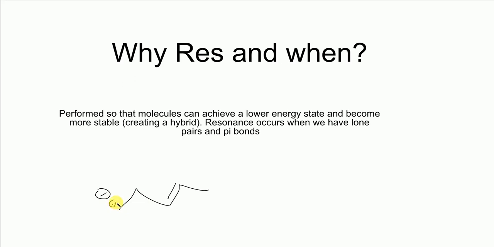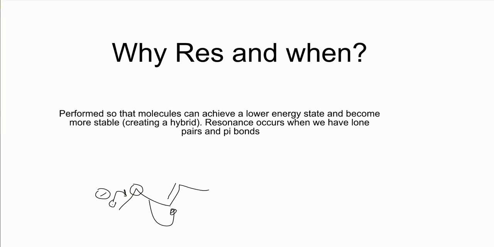So the lone pairs cannot flow into this bond over here and allow these to be pushed out. Okay, you have to have an adjacent pathway for the electrons to flow. If you don't have that pathway, then you can't have resonance. All right, and another way of saying this is that this carbon over here is a full octet and has no double bonds, so you cannot add an extra bond over here. This will make the molecule more unstable. All right.